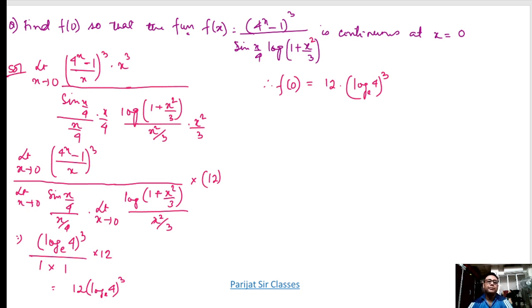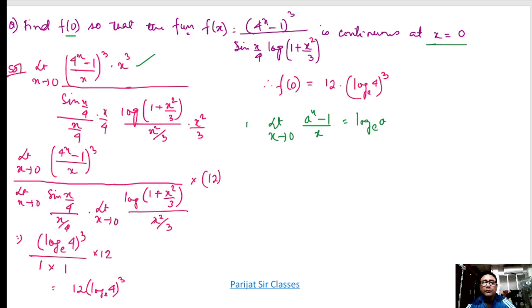Now let us see, find f(0) if the function is given like this and is continuous at x equal to 0. It is continuous at x is equal to 0. So let us check how to write this. This is our sum. Now, first of all, there are a few formulas you have to be aware of. Limit x tends to 0, (a to the power x minus 1) by x is log e a.